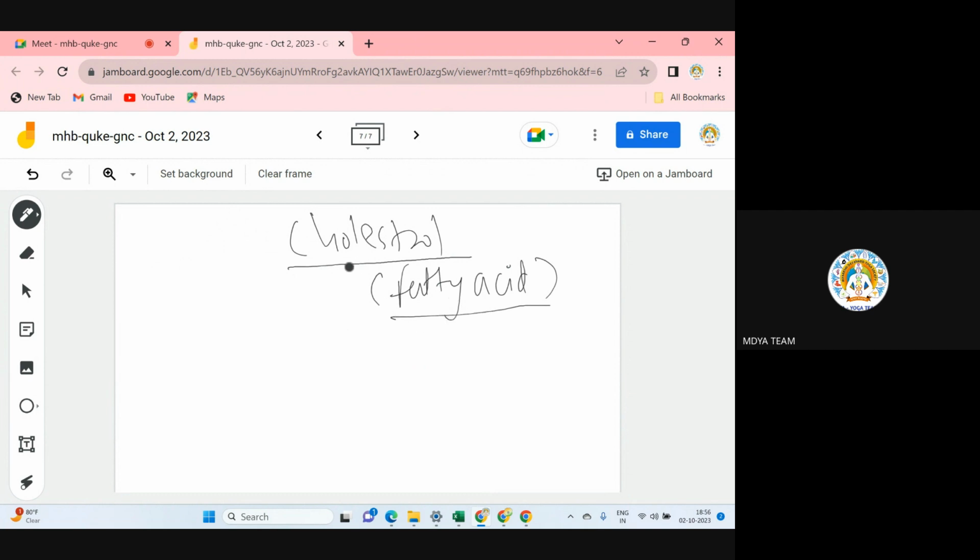So if this cholesterol is made up of saturated fatty acid, then the lipoprotein to transport this cholesterol will be LDL, low density lipoprotein.